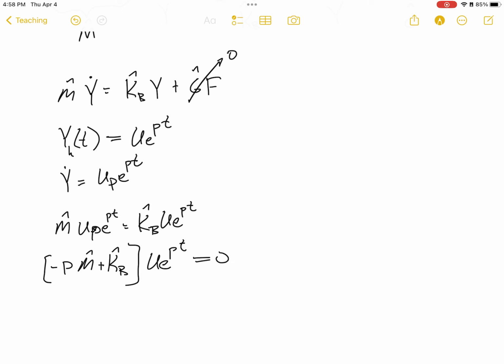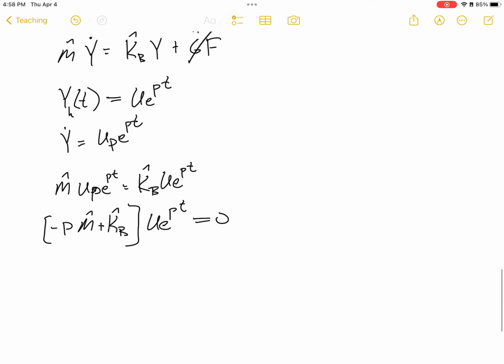And at this point, we're looking at another eigenvalue problem. E to the pt is never going to equal 0. And so p is going to be our eigenvalues, and u is going to be our eigenvectors, I'll call it e.